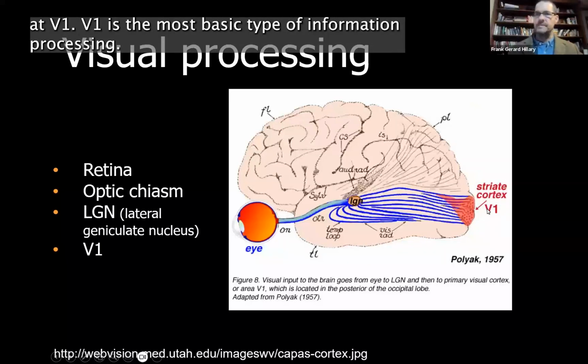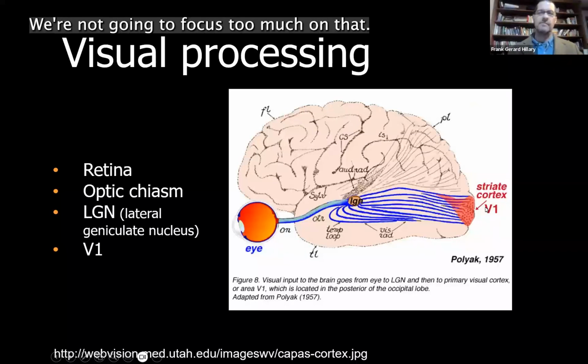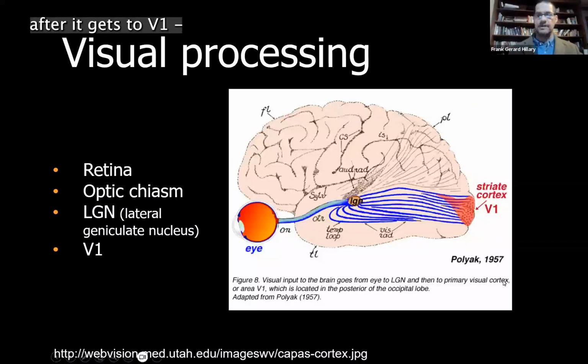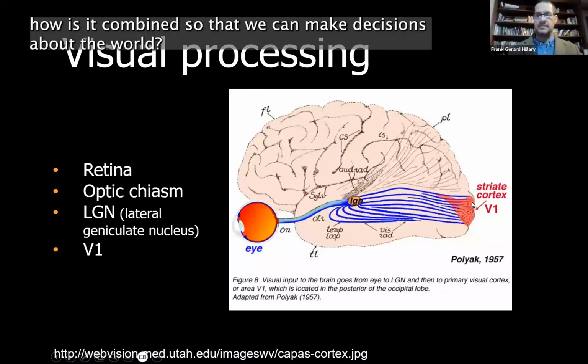V1 is the most basic type of information processing. We're not going to focus too much on that. That's more sensation than perception. We want to talk about more complex visual processing after it gets to V1. How is it combined so that we can make decisions about the world?